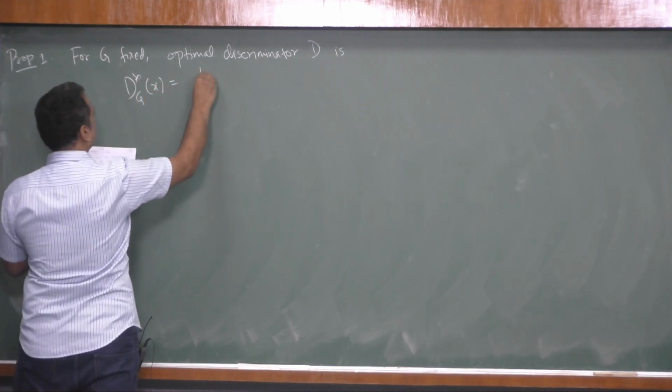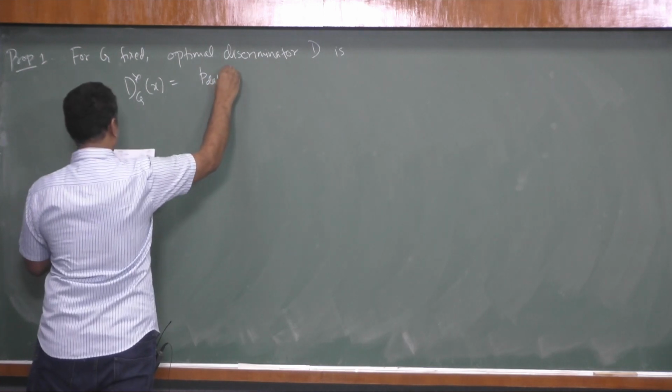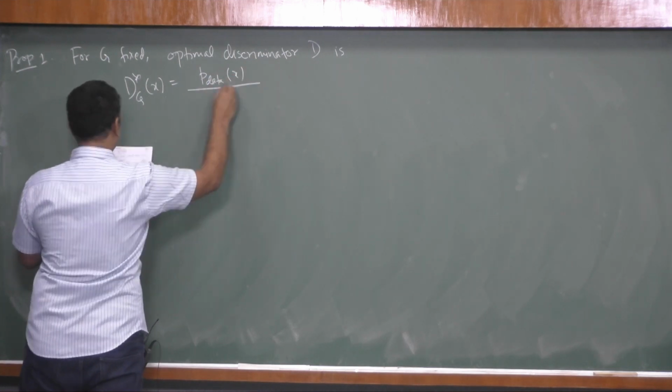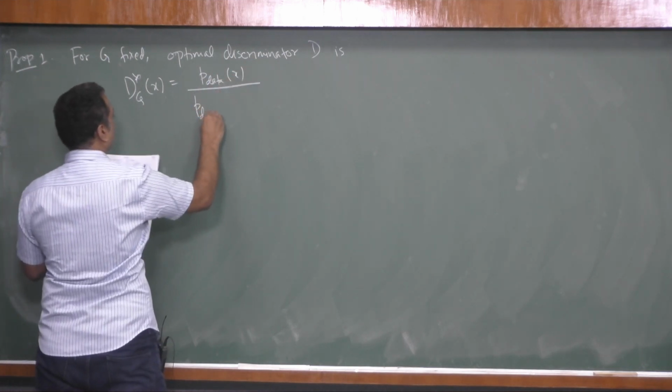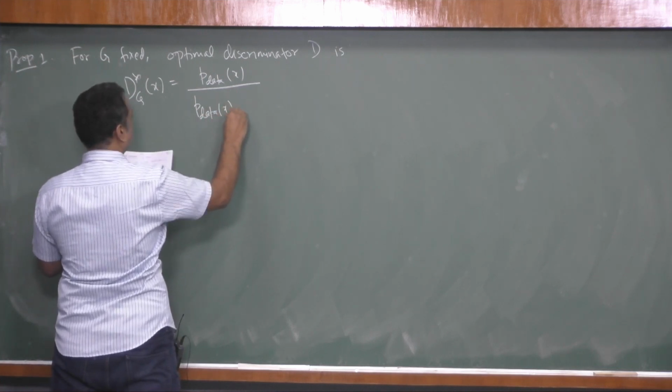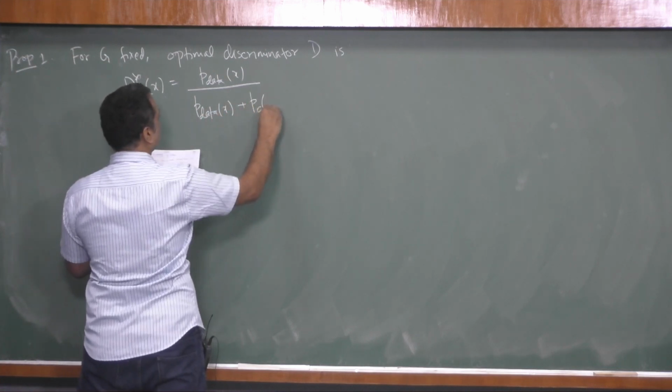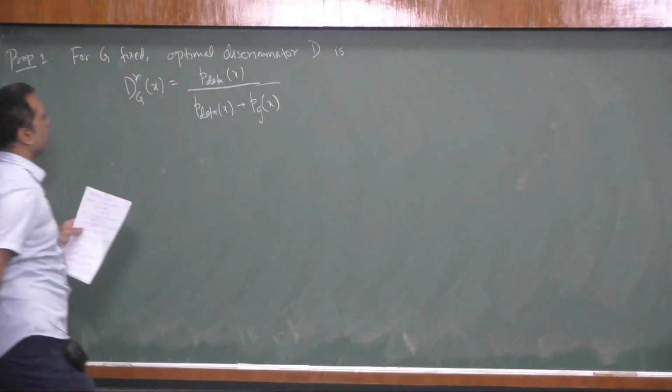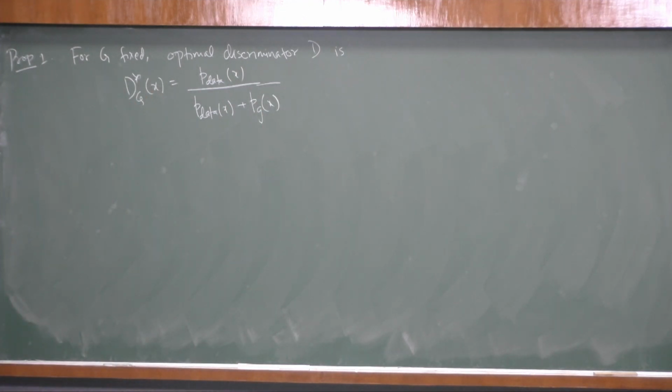D star of G of x is P data of x by P data of x plus P g of x. What this result says is that your optimal discriminator should be like this: P data by P data plus P g. P g is the generative distribution, and P data is the real distribution.